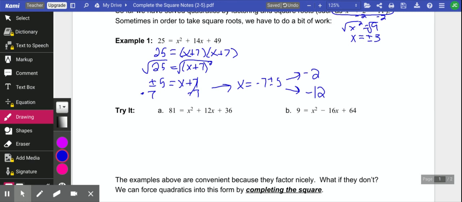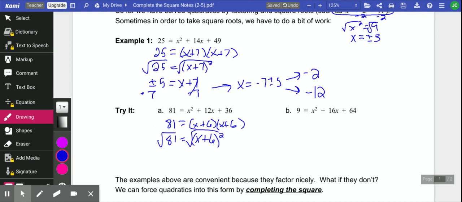Now, as you can see, those are really special types of problems that this will work for. Most problems it won't, but I have a couple more that it does work for, so I just want to show you these. So notice this, when you factor it, if you're looking for factors that multiply to 36 and add up to 12, well, it's 6 and 6. So we get 81 equals x plus 6 squared.